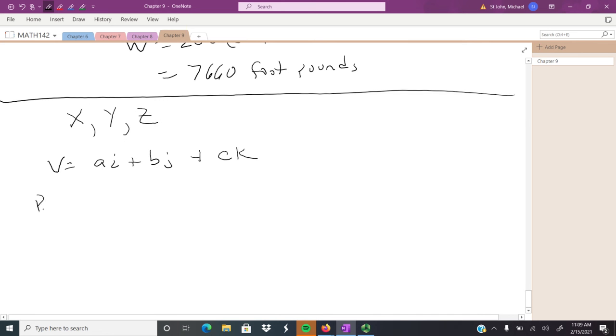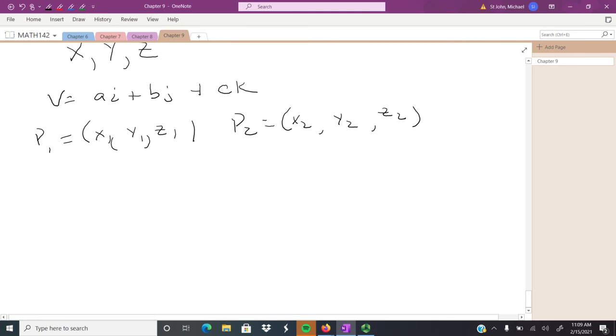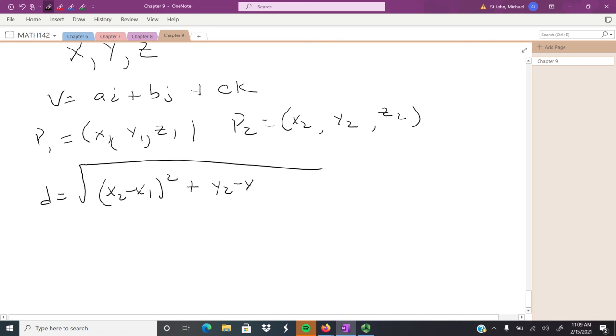Given point 1 is X1, Y1, Z1 and point 2 is X2, Y2, Z2, then the distance d is given by the square root of X2 minus X1 squared plus Y2 minus Y1 squared plus Z2 minus Z1 squared.